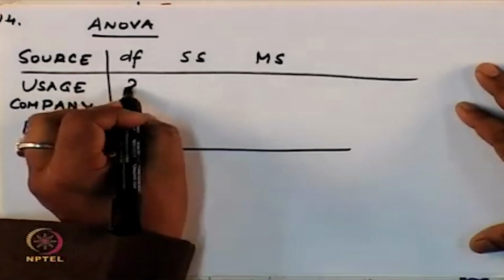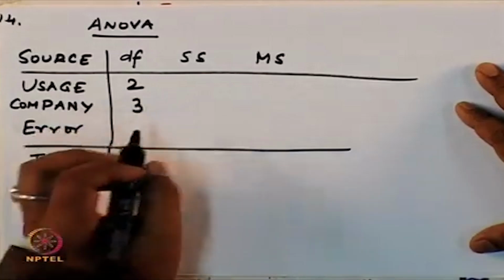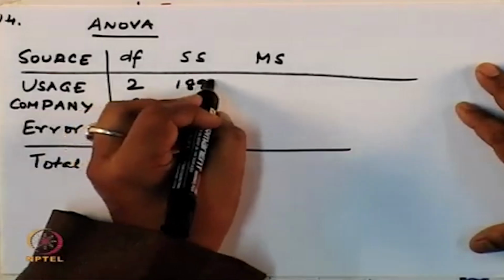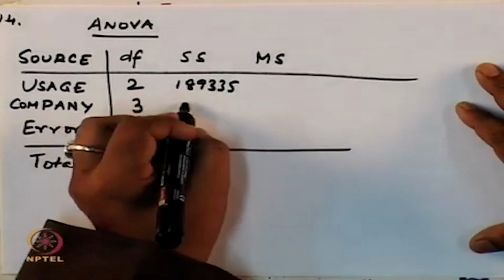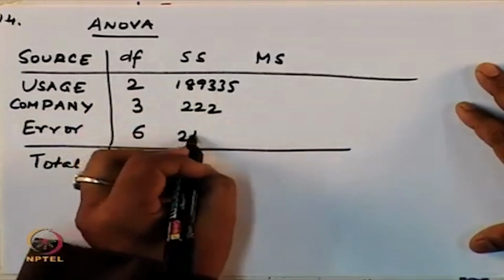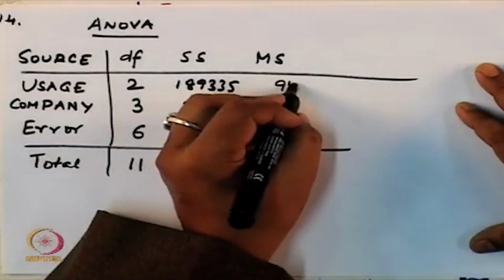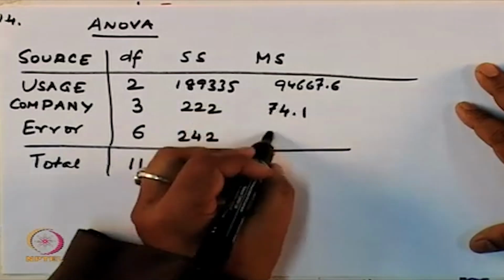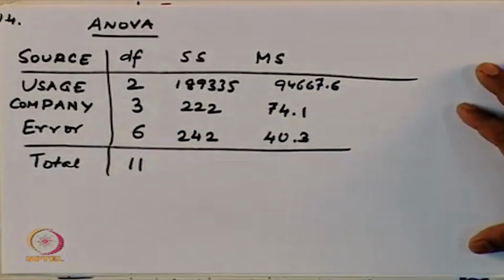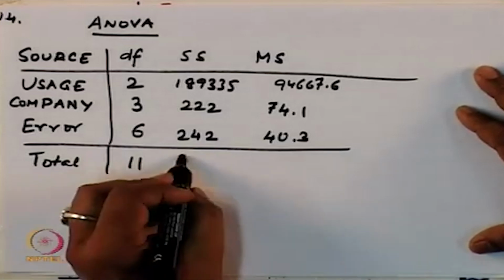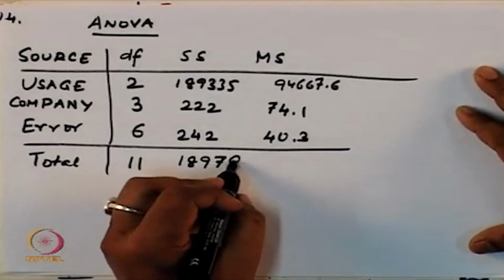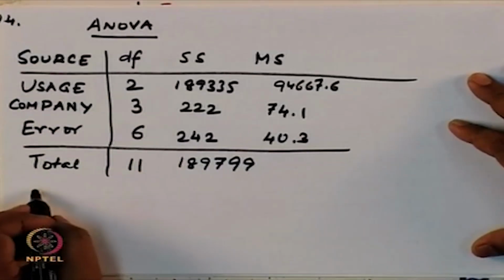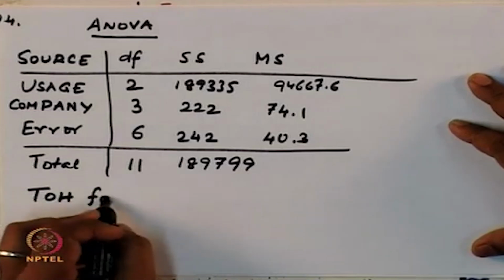The degrees of freedom are 2, this is 3, this is 6, this is 11. So, I can calculate the values. Based on this, you can then probe the test of hypothesis for equality of treatments.